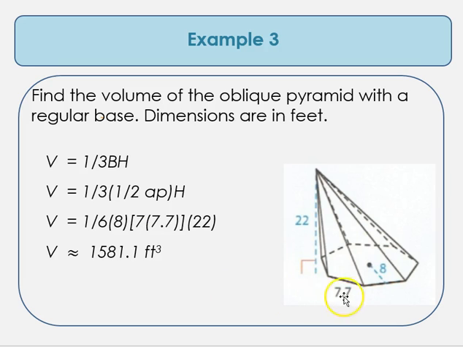And each length is 7.7, and we'll multiply by the height of 22. Doing all of that multiplication, we find that the volume is approximately, if we round to the nearest tenth, 1,581.1 feet cubed. Fairly easy formula to do.